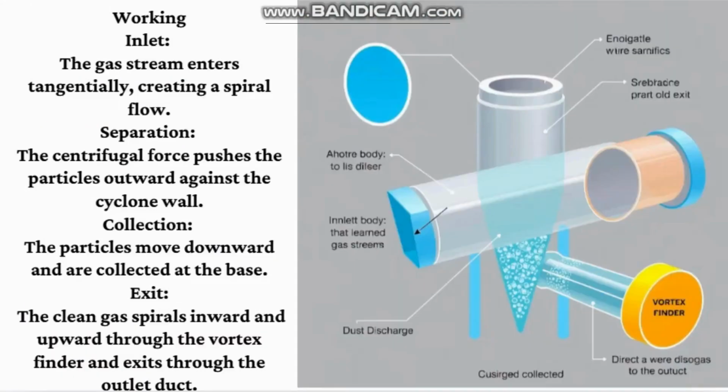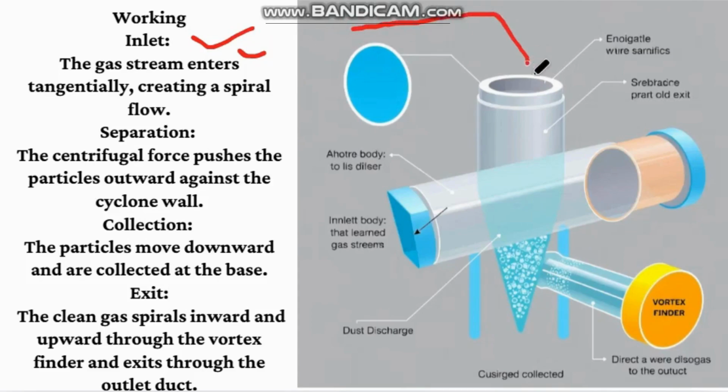That is the working of the cyclone separator. As we know, the cyclone separator is used to separate dust particles or solid particles from a stream of air, so it is designed like that. The first point is the air inlet. The gas, steam or air which is going to enter the cyclone separator enters through a tangential inlet.